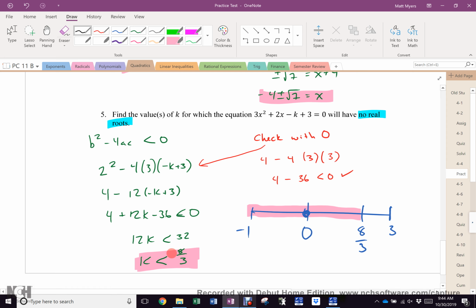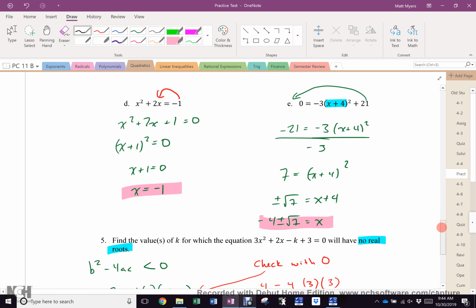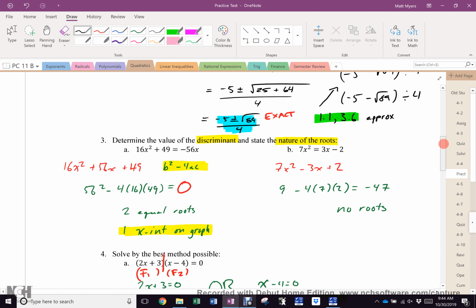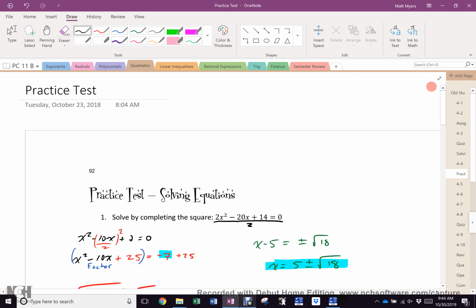If I ever have 2 options, then I really got to do the number line. Everybody with me? But if it's just one thing, chances are you're right. Okay? Everybody is good? So I believe, if I'm not mistaken, that is 2, 4, 6, 8, 10, 12, 14, 16, 18 out of 20.